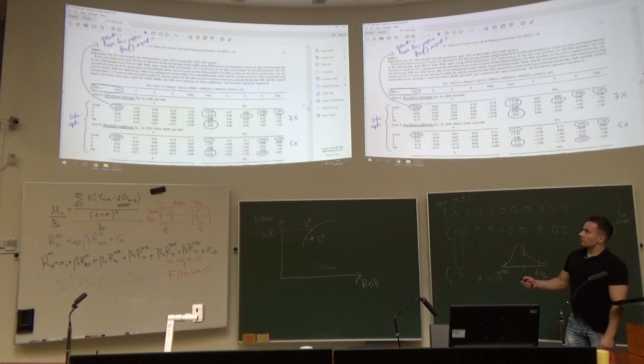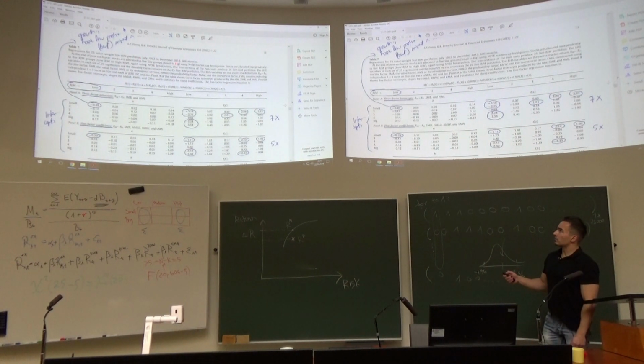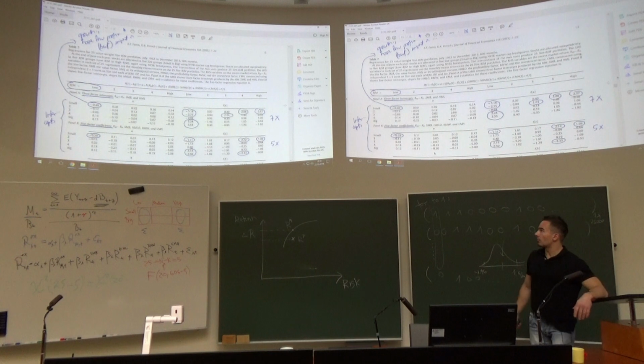So again, we use 25 value-weighted portfolios sorted by size and book-to-market ratio. Sample period is from 63 to 2013, 606 months as before. So we see here in panel A the alphas, the pricing errors, using the 3-factor model as reference model.